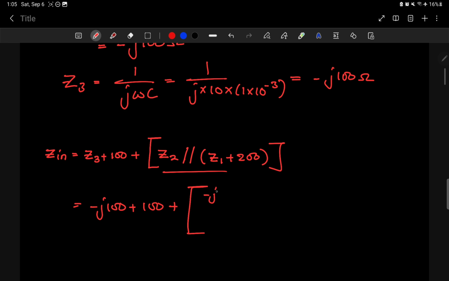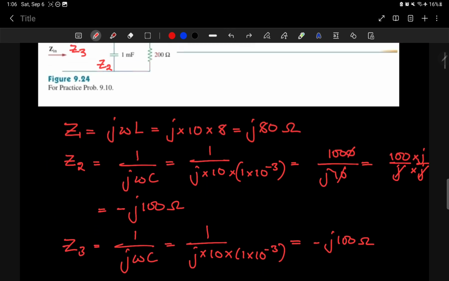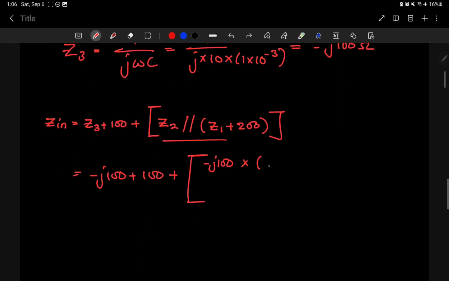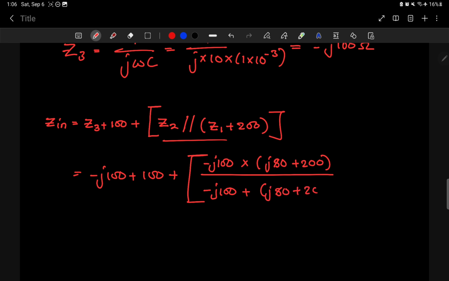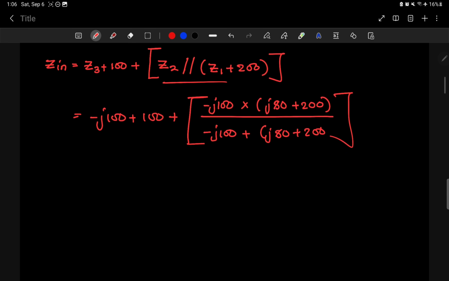Since they're in parallel, we multiply by Z1, which is j80 plus 200, and then divide over the sum. The sum will be minus j100 plus j80 plus 200. So this is minus j100 plus 100.